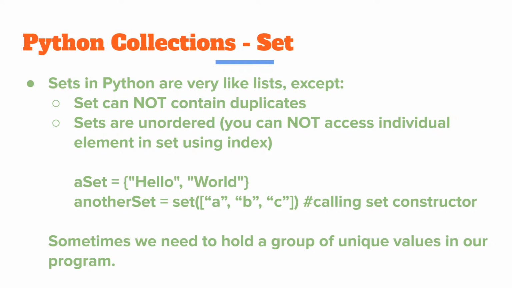I'm not going to go into too many specifics because there are quite a lot. Set is a very useful data collection, and other than the difference that it can't contain duplicates and it is unordered, there aren't any other differences from a list. So I'll let you look at this for a second and familiarize yourself with it.